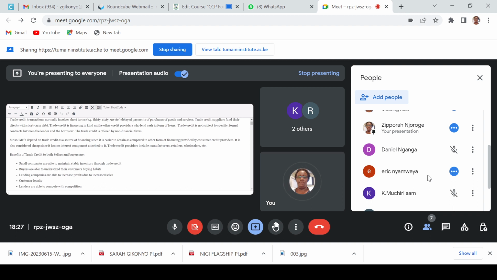Okay. Let me use a good example of Naivas supermarket. When Naivas is buying from Unilever, we can look at it as trade credit. When me and you go to buy from a retailer for the purpose of consumption, but we are not paying now, then we can group it under consumer.